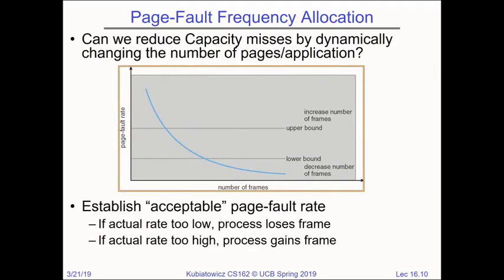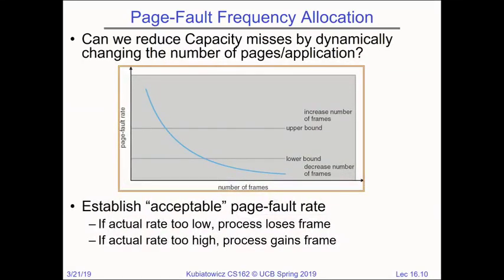So here's assuming we don't have a Belady's anomaly problem, okay? We could say for this number of frames given to a process, here's the number of page faults. So presumably, as we add more pages to the process, we get fewer page faults. That's hopefully true. And notice how we might have a lower and upper bound. So if we're too far below the lower bound, gee, this thing has too many pages. If we're too far above the upper bound, gee, this thing has too few pages.